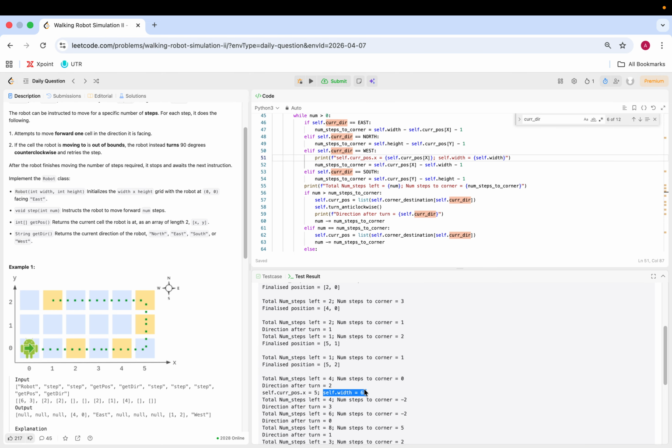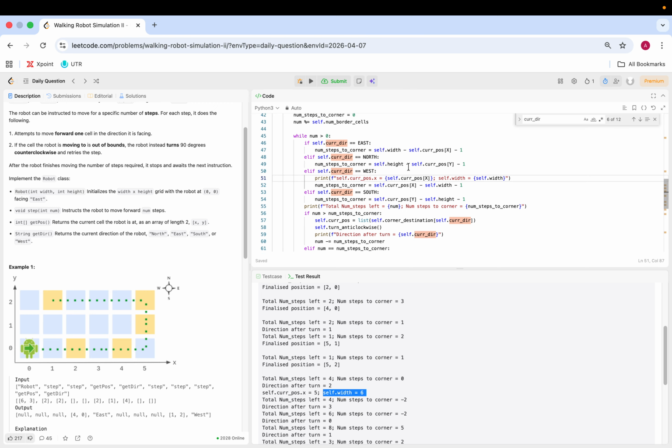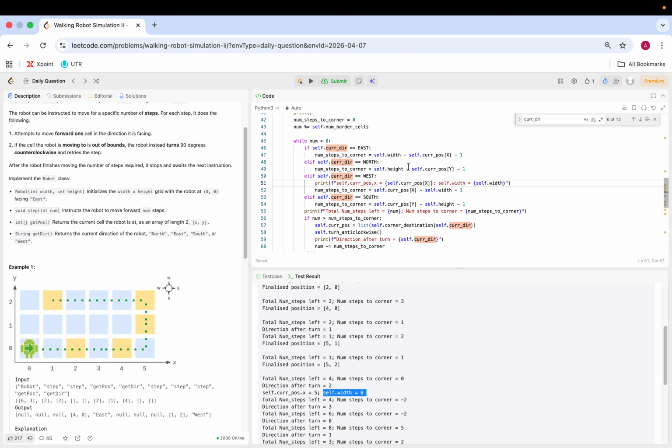Wait a minute. Ah, this should say 0, shouldn't it? Wait. Am I being silly? Yeah, because the destination is 0. So if you're here, you're trying to get to 0. Oh, I'm dumb.